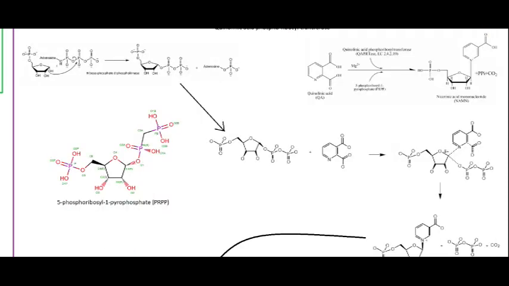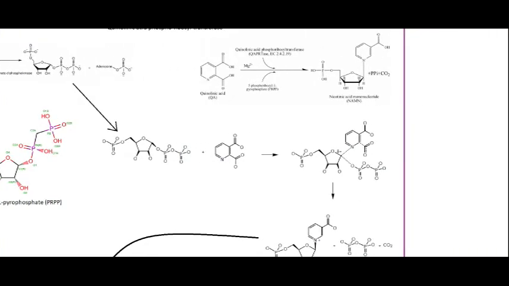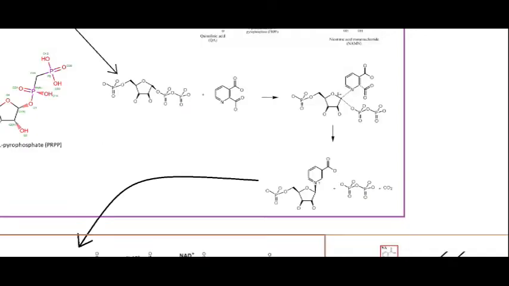And then this 5-phosphoribosyl 1-pyrophosphate can be added onto this quinolinic acid, and it will be added onto the nitrogen right here, and that will release the pyrophosphate. This also shows that there is a decarboxylation. And so now we are getting into this territory that I said was kind of confusing.